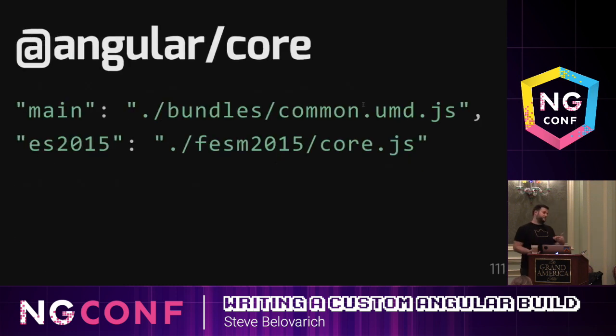So this coincides with the package format that you might be familiar with that was announced last year, where in Angular libraries, you would see a main field in the package.json that would point to CommonJS modules. But you would also see an ES 2015 field pointing to FESM, or ESM modules.